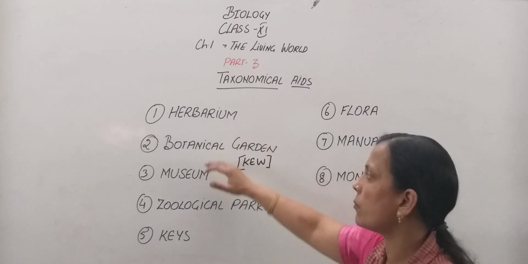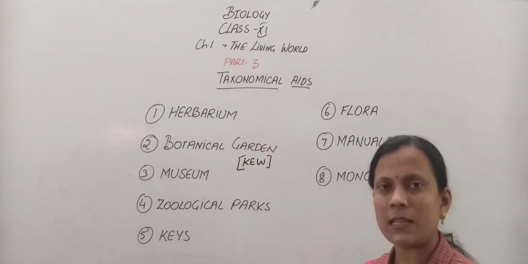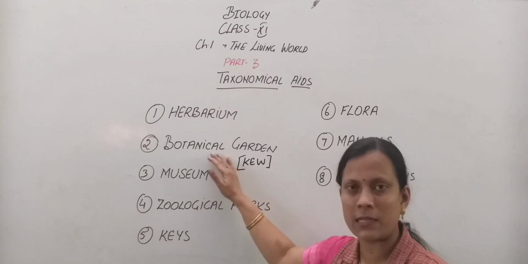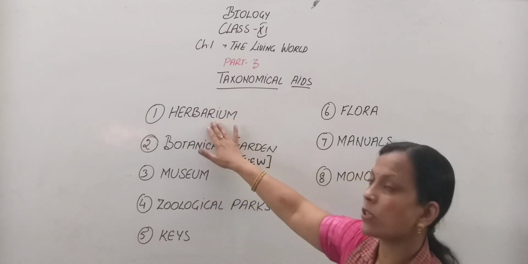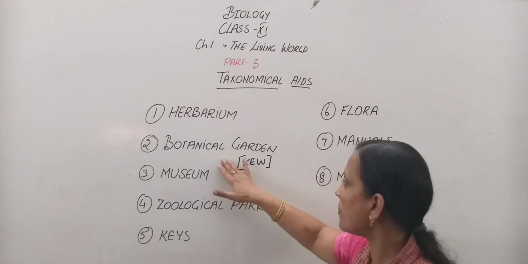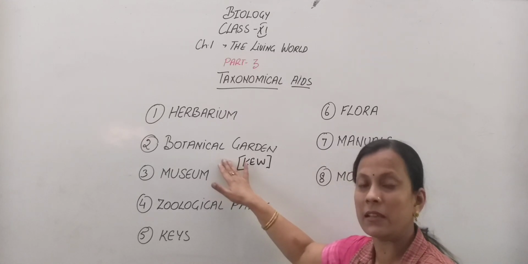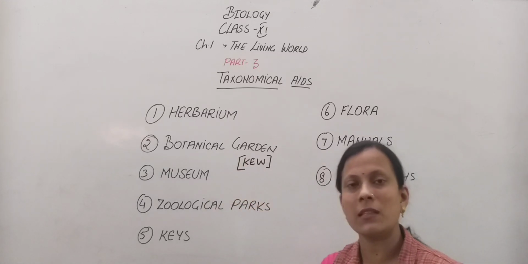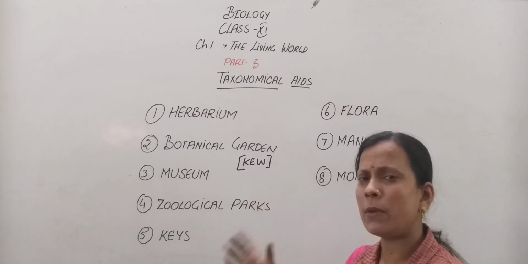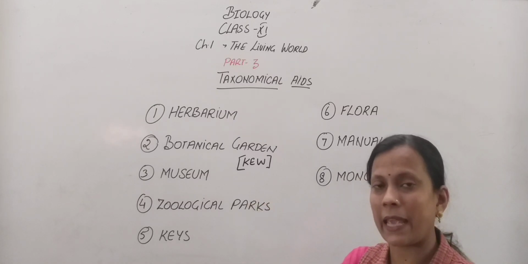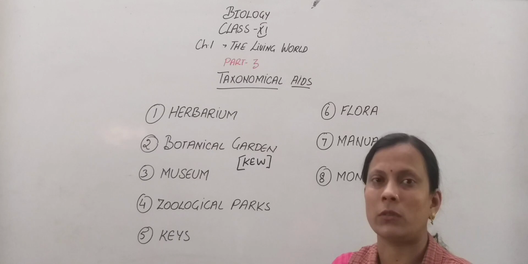Second is the botanical garden. As the name indicates, it also contains plants, but here it is not the dried form; as the name indicates, garden, these are living forms. In the garden, a variety of species are kept, in the sense that they are grown.